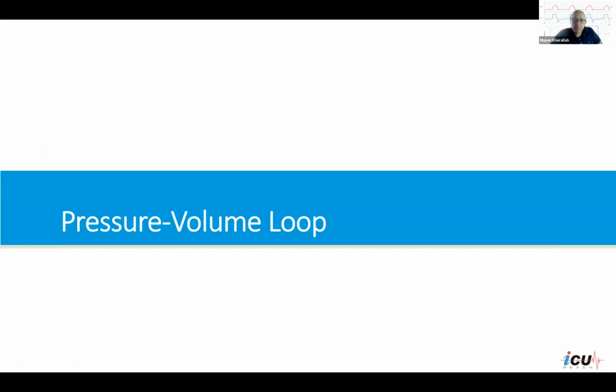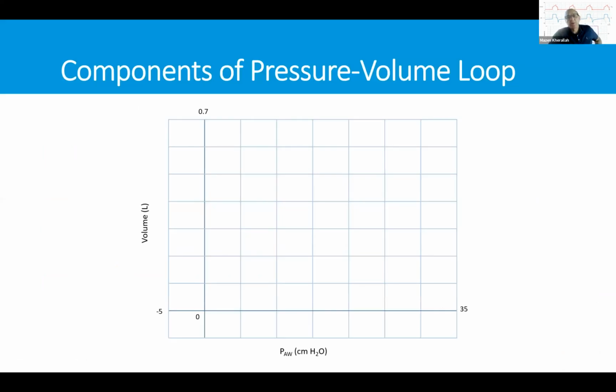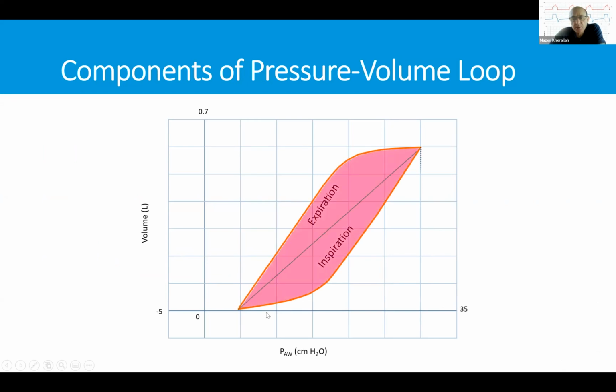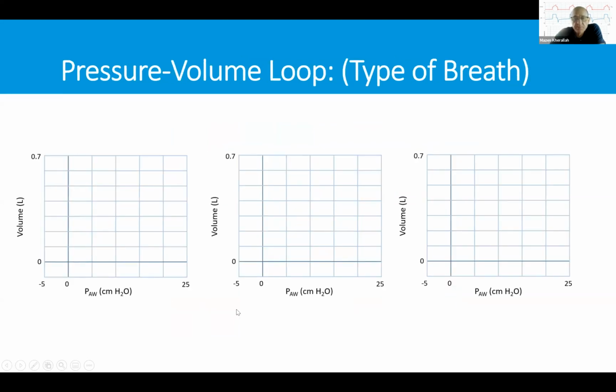So let's see what kind of information we can get from the pressure volume loop first. The pressure volume loop means that we're looking at the system in terms of its components for compliance. Let's concentrate on inspiration first, and then look at expiration. Looking at inspiration, this is the area where we started from, so that means there is a PEEP in the system.